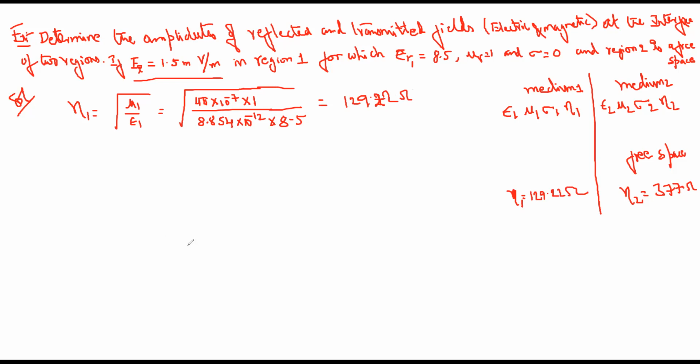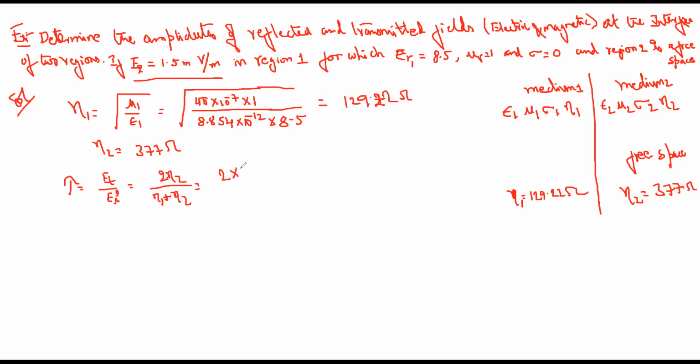Eta 2 is equal to 377 ohms only, because medium 2 is free space. Now, to get the amplitudes of reflection and transmission, the transmission coefficient tau is equal to ET by EI, and the formula is 2 eta 2 by eta 1 plus eta 2.